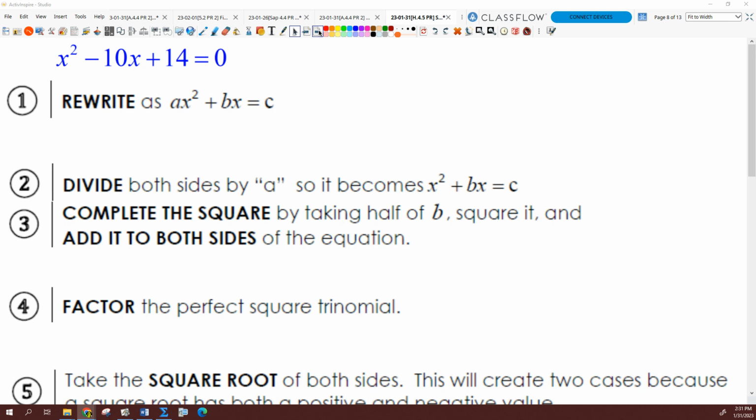What am I doing? Oh, board work? Yeah, that's fine. Go to the board. Yeah. You have to write x squared minus 10x plus 15. Oh.